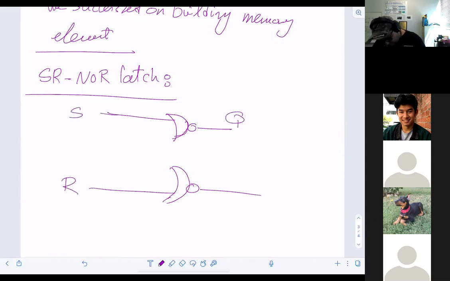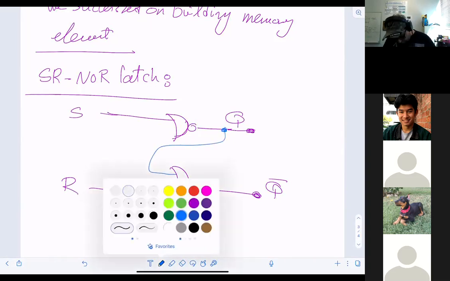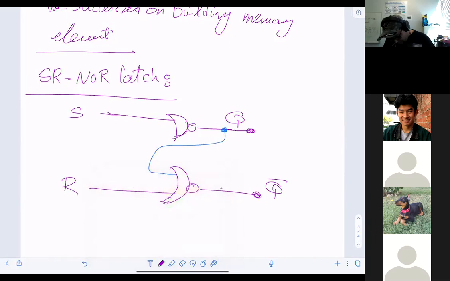SR, Q, Q complement. Sounds good? Now we're going to go into the color and go like this, and go like that. Sounds good?